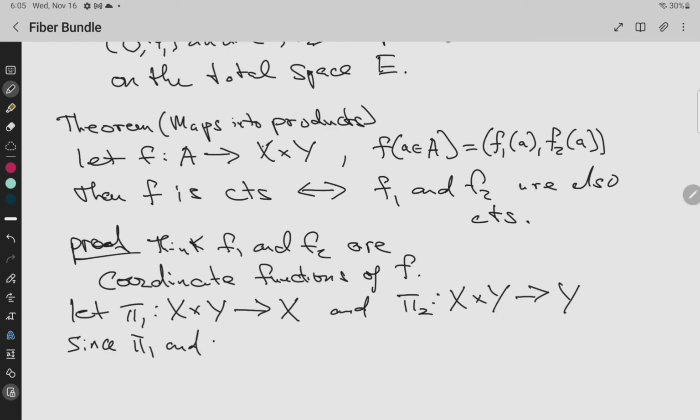We know that pi 1 and pi 2 are both continuous functions. That means pi 1 inverse of some open set U, a subset of X, should be open.